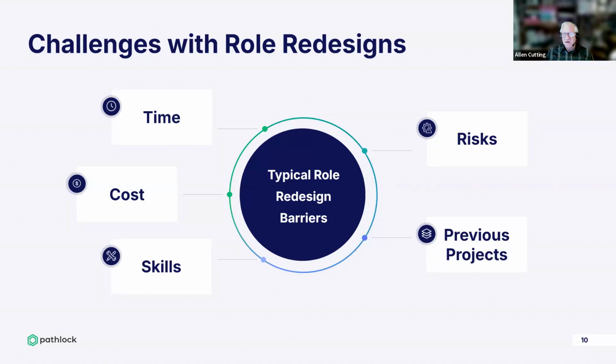With that, security people or project managers who've had previous projects with role redesigns, if they've been bitten before, may not be eager to sign on to another one, and they may try to muddle by with what they've got. In the case of HANA, that's not going to work too well because it's a major change.